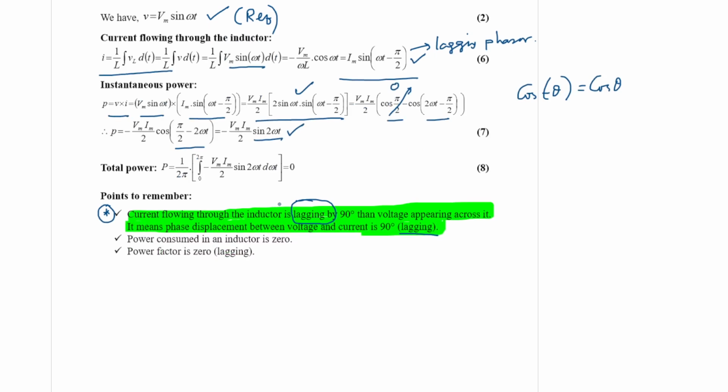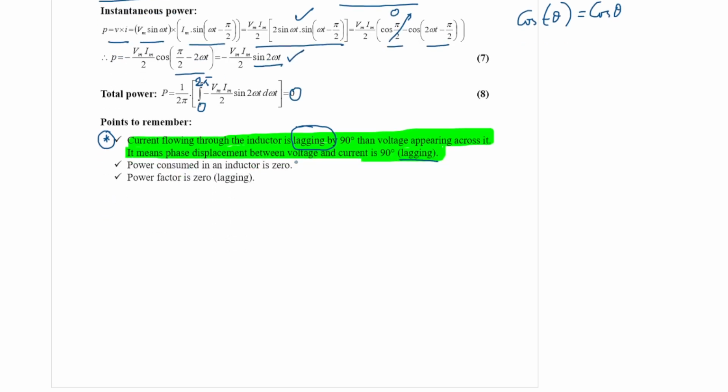Now if you evaluate the total power, only the sine term is present, so the average value of a sine term over a complete cycle, that is from 0 to 2 pi, is 0. So power consumed in the inductor is 0, simple.